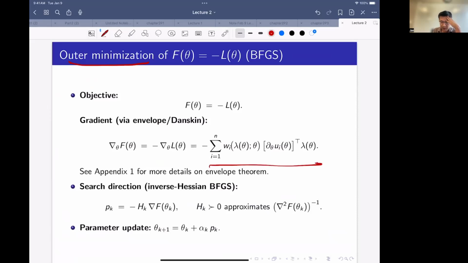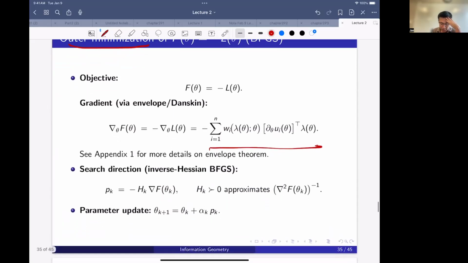So this part you can compute from the envelope theorem. And now what you want to do is approximate the inverse of this Hessian, but without computing the inverse, because computing the inverse is computationally expensive.